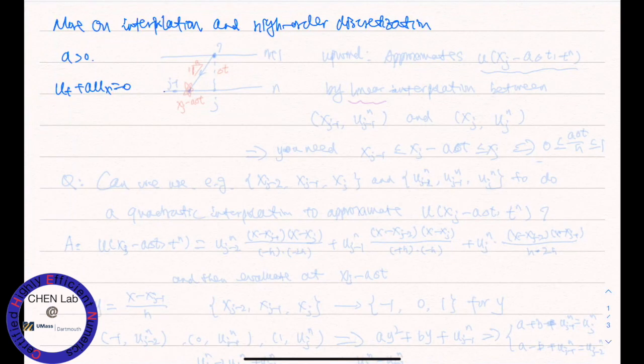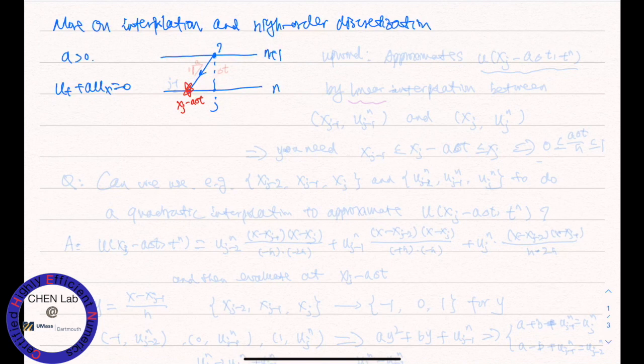Okay, so one perspective for the upwinding was that we need to figure out, here is j, here is time level n plus 1, time level n. We need to figure out what's the value here. We trace back along the characteristic line, right? So this point is xj minus a delta t.